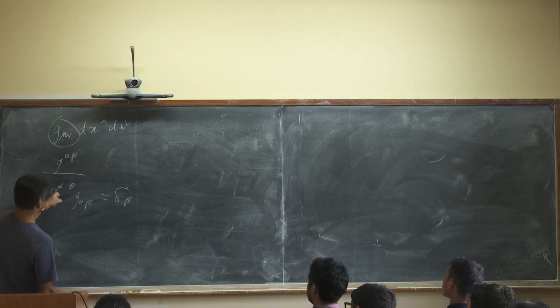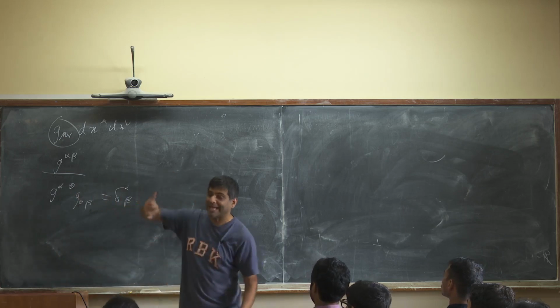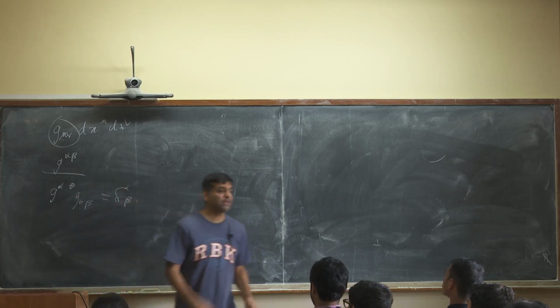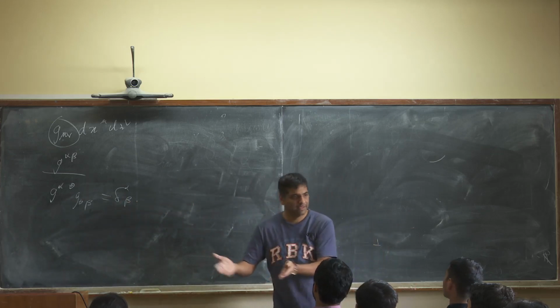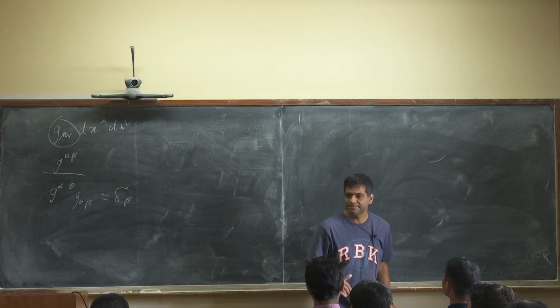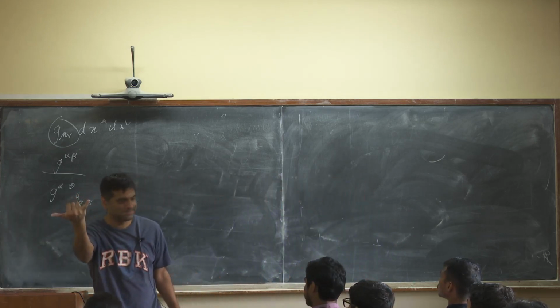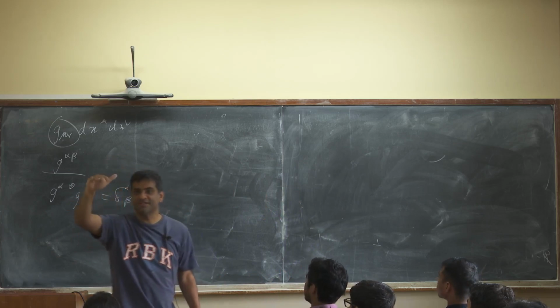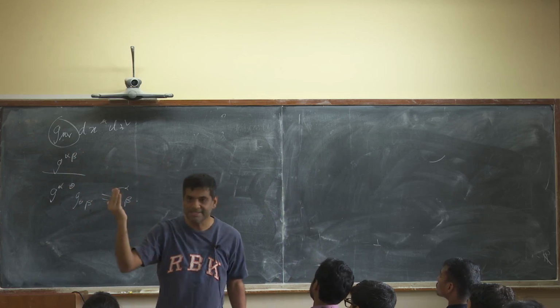But G inverse has to transform in such a way as to cancel that transformation, because both in the initial frame and in the final frame, G times G inverse is delta. So the transformation has to cancel. Therefore, it has to transform by the inverse factor. And you remember that upper indices transform by the inverse factor as compared to lower indices.